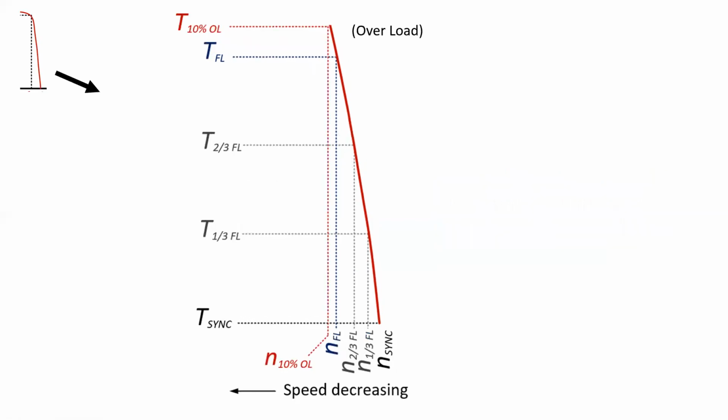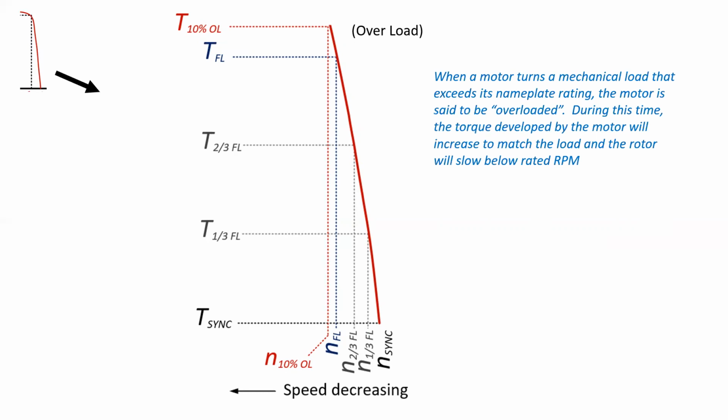Now, what happens when the motor is overloaded? So when we have a mechanical load that exceeds the rating of the motor, we're going to have a motor that's now delivering a little bit more than what it's rated for. And so we call this an overload situation. Now, when a motor turns a mechanical load that exceeds its nameplate rating, we say it's overloaded.